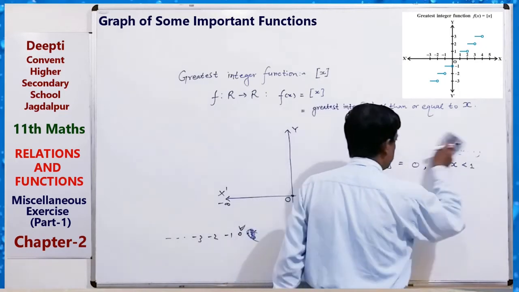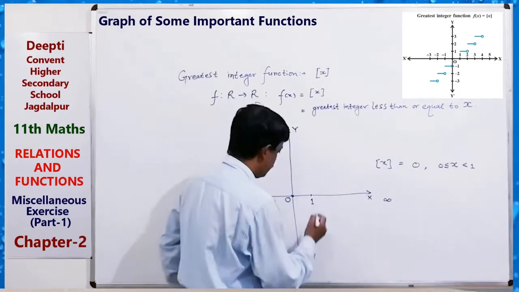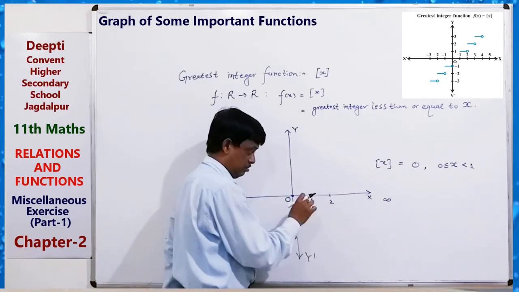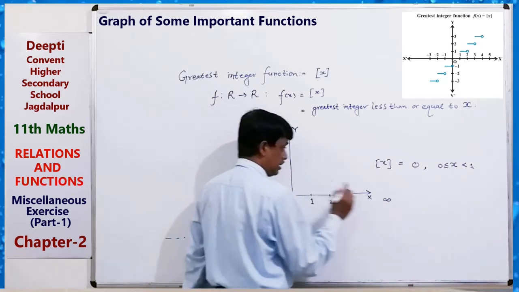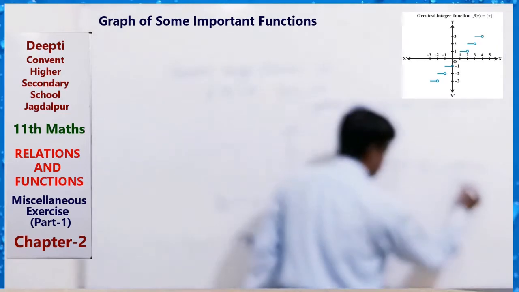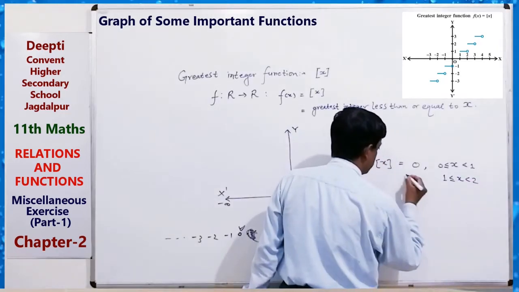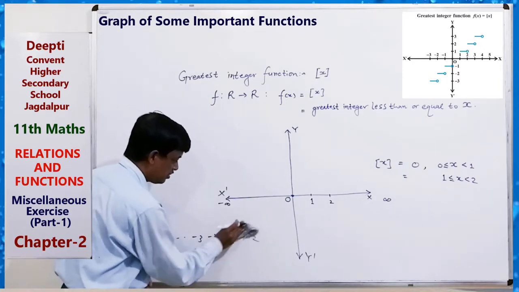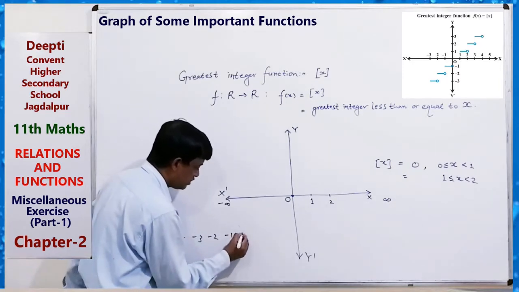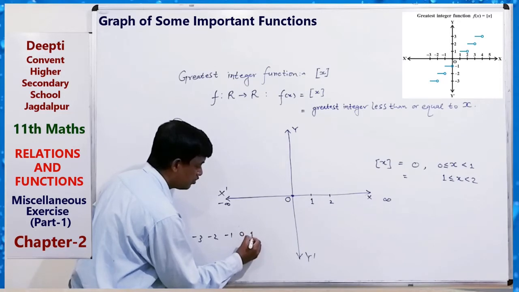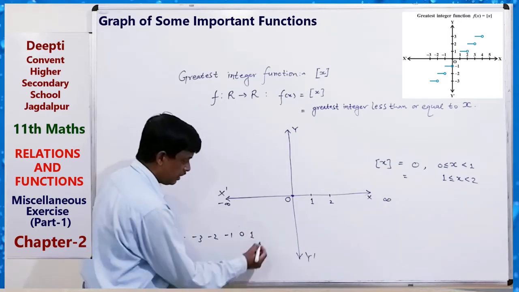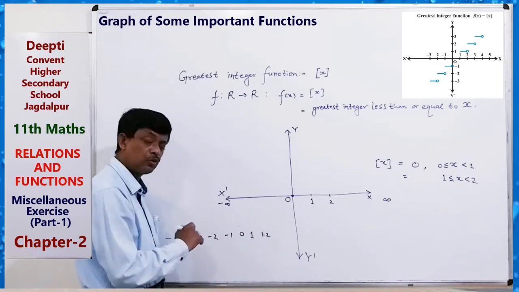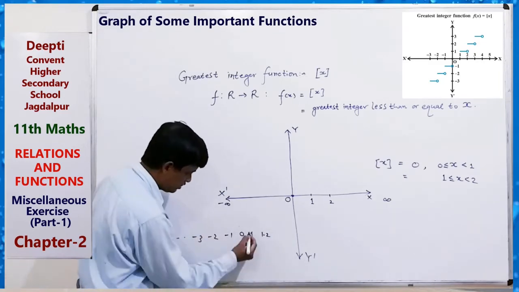Now suppose 1 to 2, taking 1 but not 2, that is 1 less than or equal to x less than 2. Then in this interval, 1.5, 1.2, 1.3, the greatest integer less than or equal to them is 1.